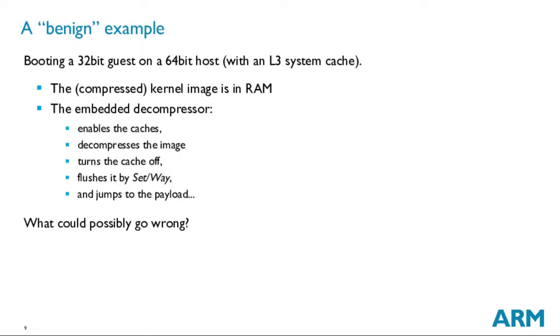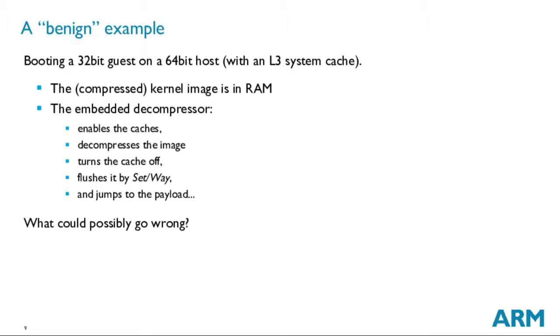So let's take a very small example of an actual case we fixed a few months ago. Let's say you boot a 32-bit guest on a fairly sizable 64-bit host that has an L3 cache. And that L3 cache is a system cache. So remember, no setway operations can reach that system cache.